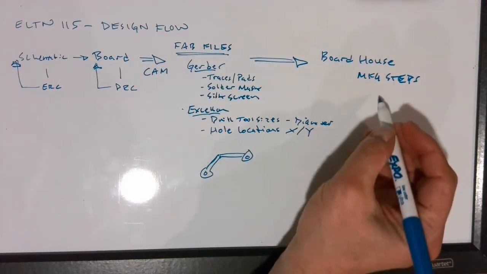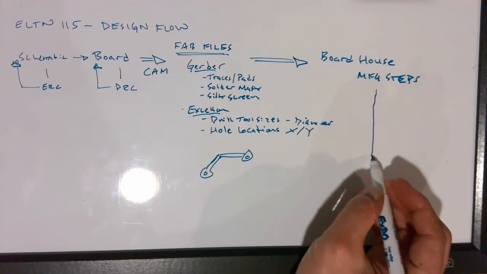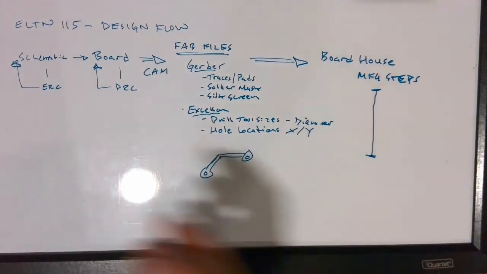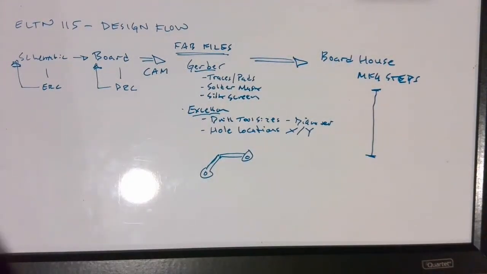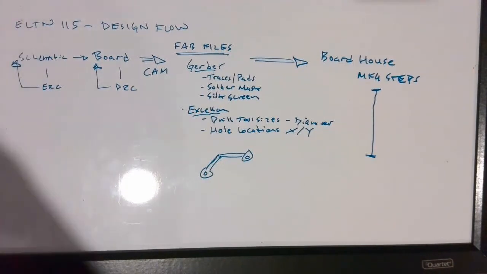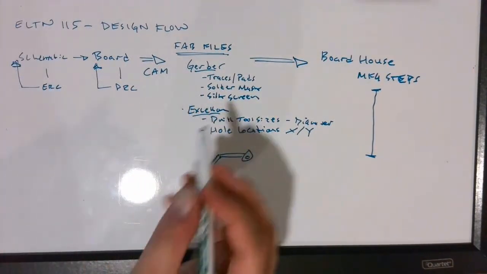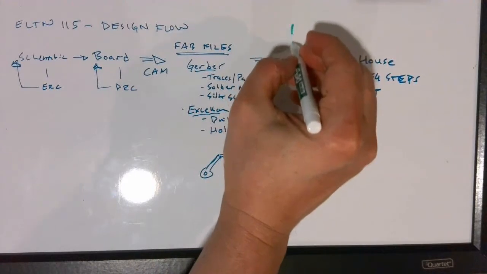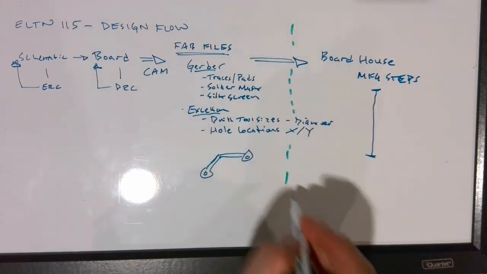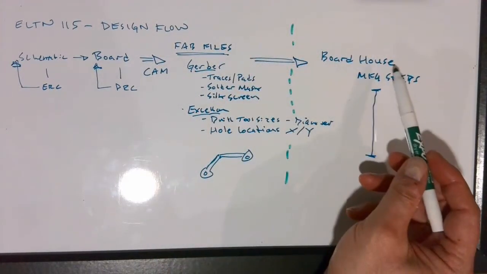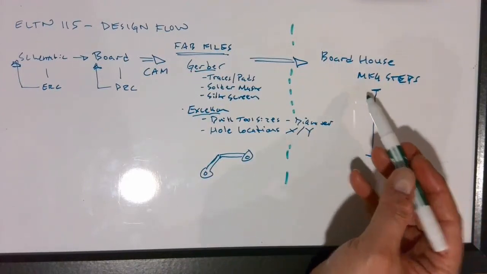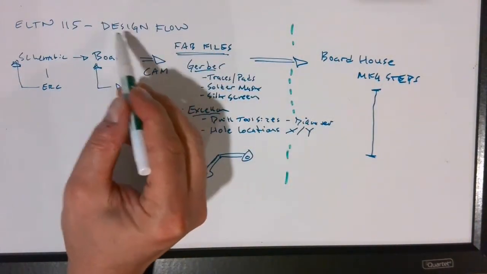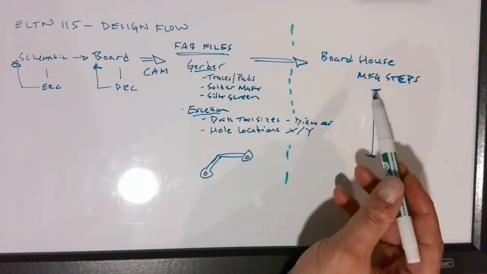This is really what we're going to be talking about this week more than anything. What I want to make sure you understand is that the design part that you are doing and are involved with goes up to this point here. And then the boards are being manufactured. That's the difference between the design side and the manufacturing side.